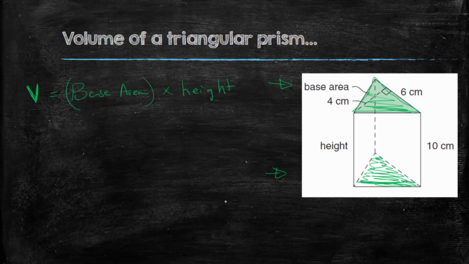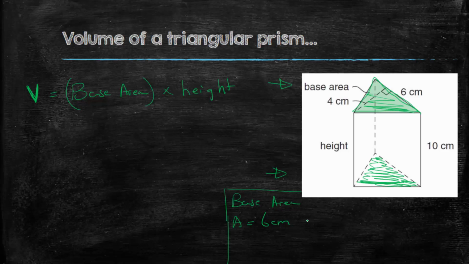So let's do this on the side here. Base area of a triangle. Well, do you guys remember the formula of the area of a triangle? Right? It's base times height divided by 2. Well, what's the base here? 6, right?